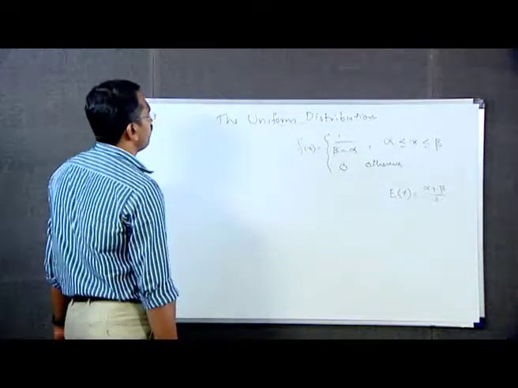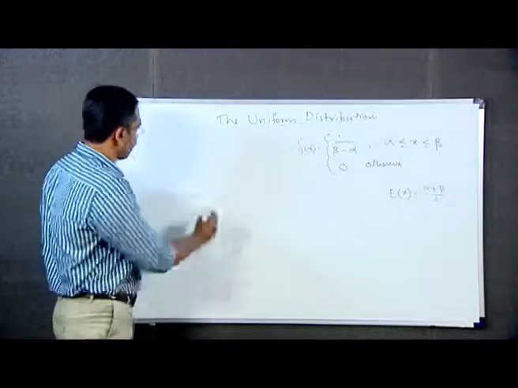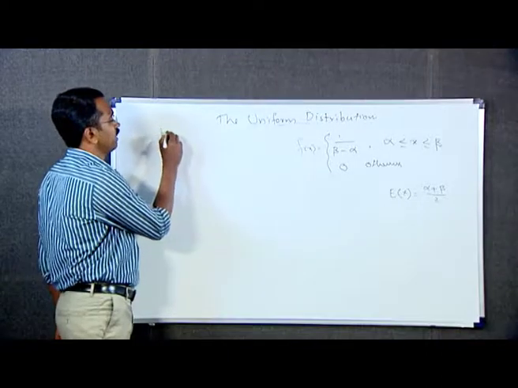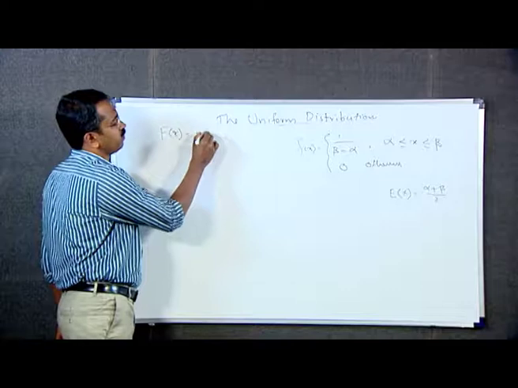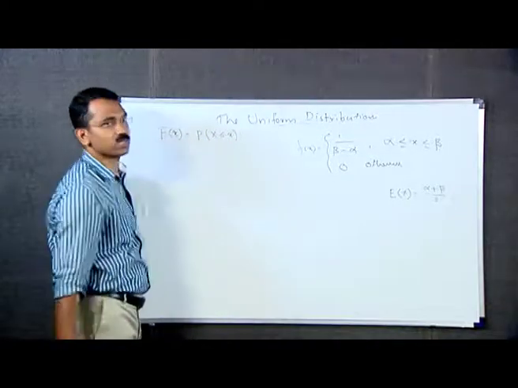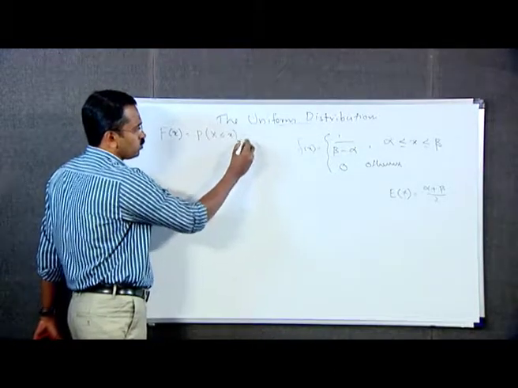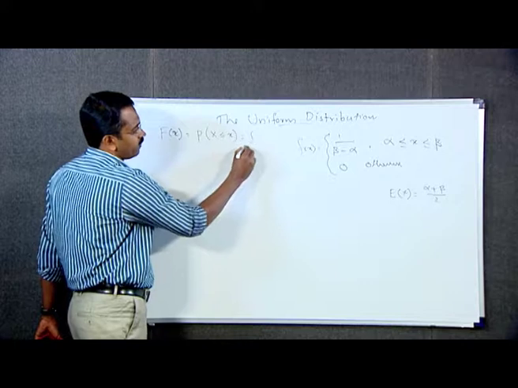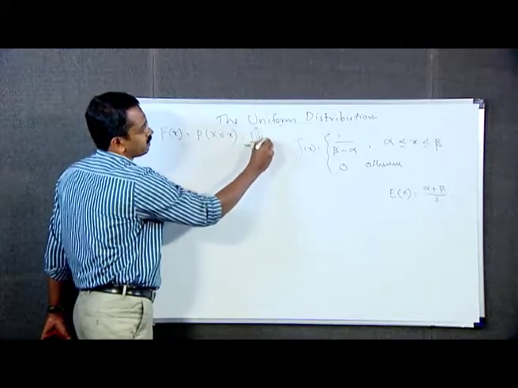Now, by the definition of cumulative distribution function, it is denoted as capital F, which is equal to the probability of X less than or equal to some particular value of x, which is equal to the integral from minus infinity to x of f of x dx.